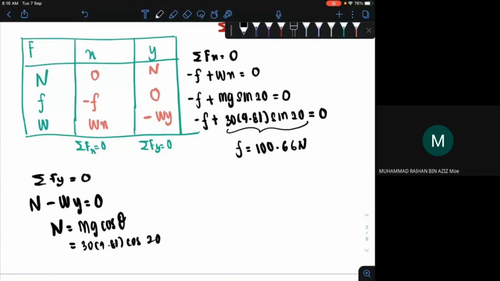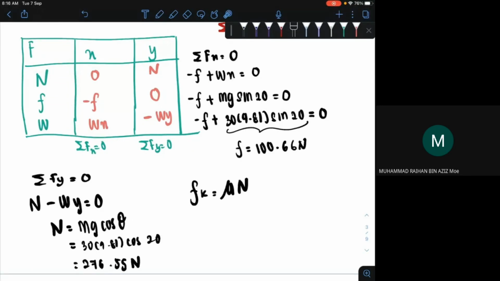Tekan kalkulator, kita dapat 276.55 Newton.